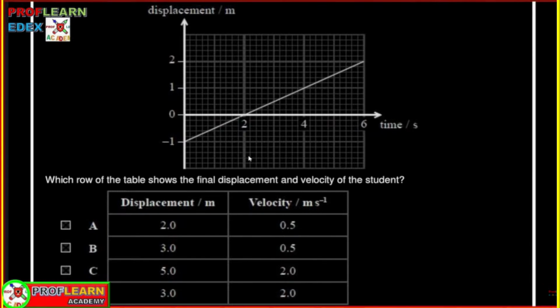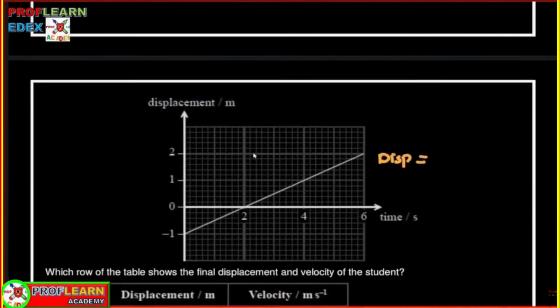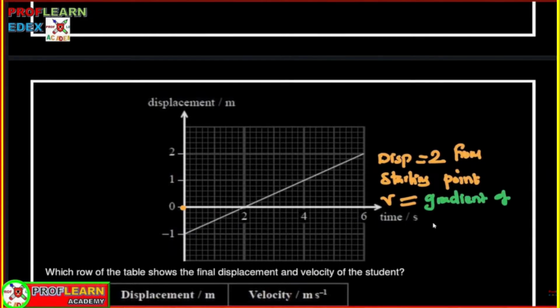But velocity can be obtained from the gradient of a displacement time graph. So we can say displacement here is actually going to be 2, and that is 2 meters from where this person started. But we can work out the gradient in order to get the velocity of the person.